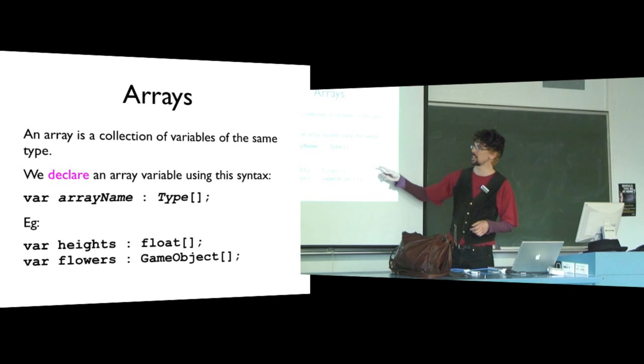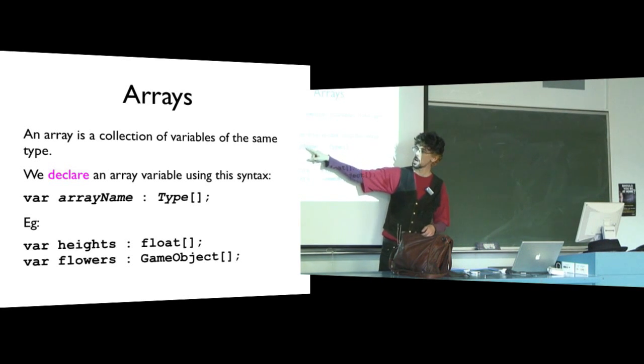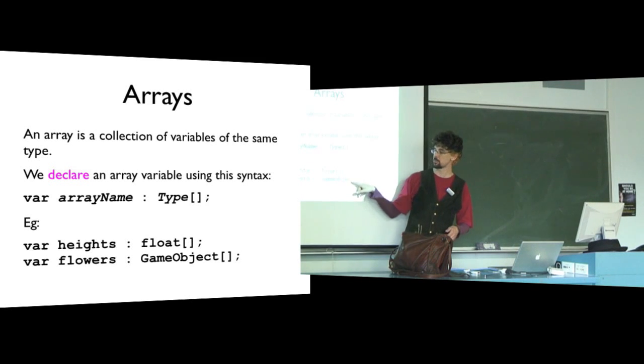We declare an array like this. If we want to give the type of an array, we write the base type, which can be any type we want, and then a pair of square brackets with nothing in it to say this is an array of that type. This can be an array of floats by saying float and square brackets, or an array of game objects by saying game object and square brackets.